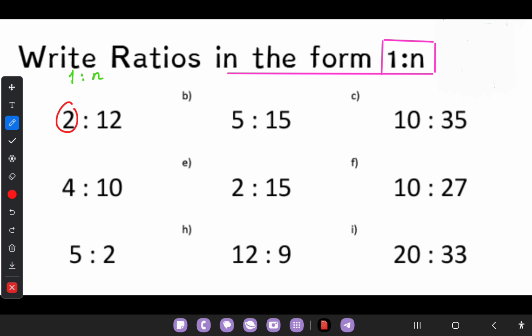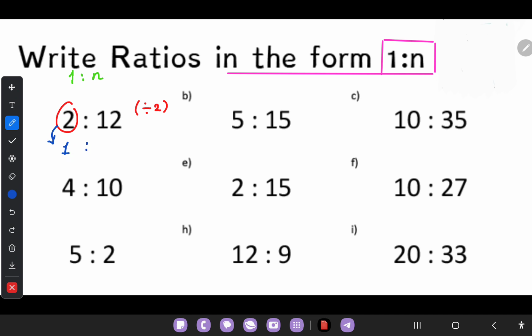So we can simplify the ratio and make the first term 1. So we can divide each term of the ratio by 2. Why do we divide by 2? To make this 2 equal to 1. If we divide the first term by 2, it will be equal to 1.